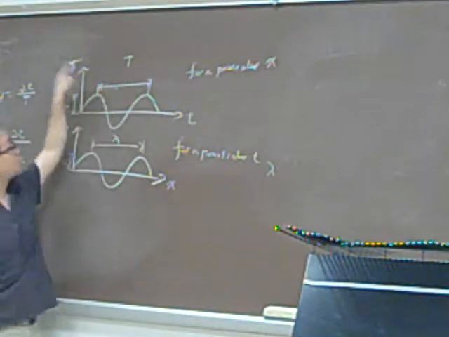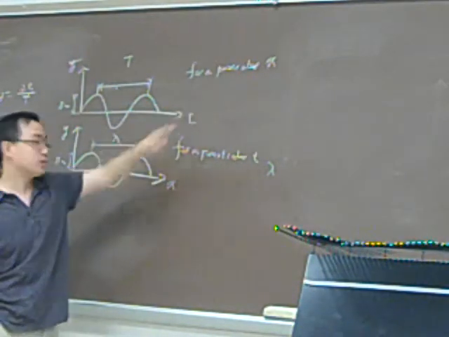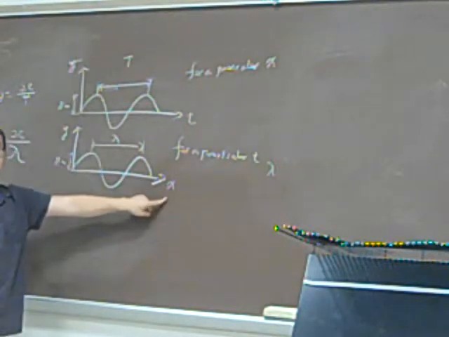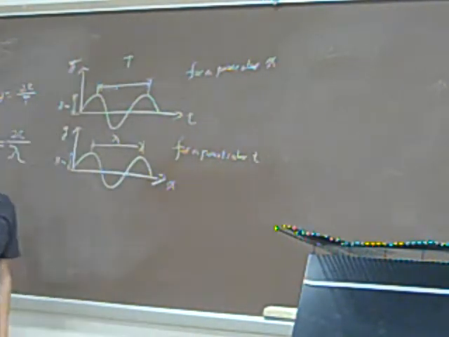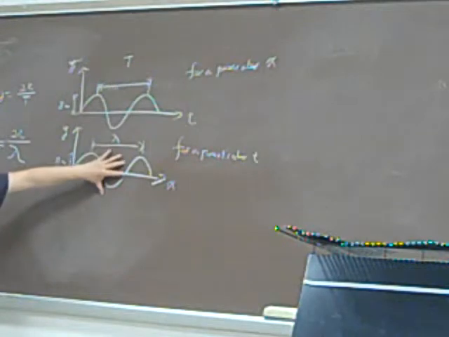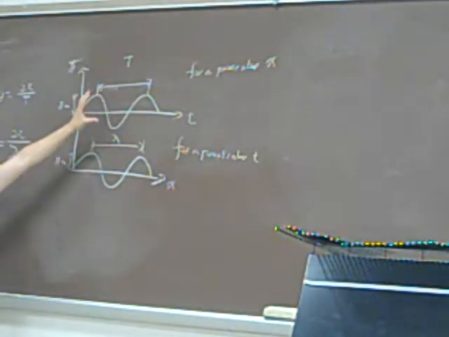You need to look: this is y versus t for a particular x position. This is y versus x for a particular time. Any question here? These quantities are related to this graph. These quantities are related to this graph.